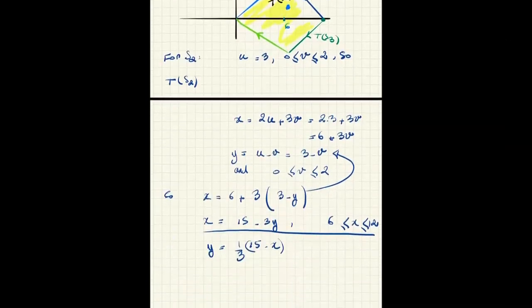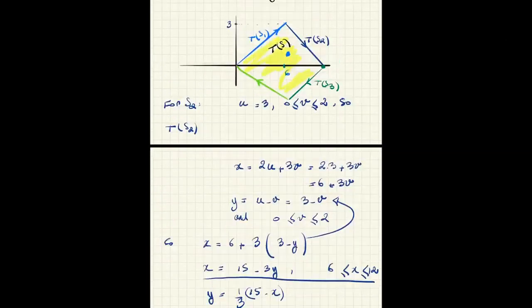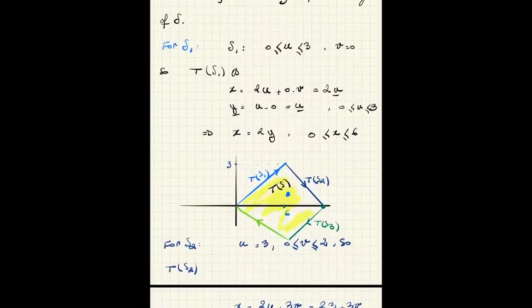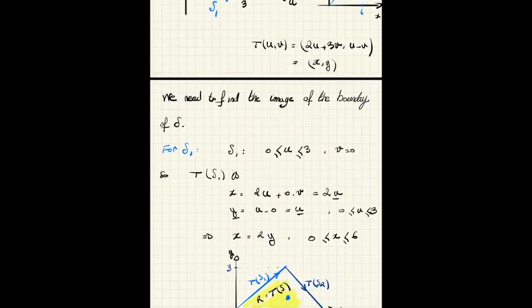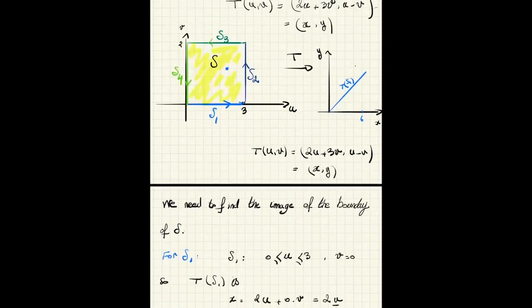So I'm going to stop here. But here's the thing. Suppose you have to integrate over this region here, in the XY plane, and you found this transformation T that gives you this simpler region.